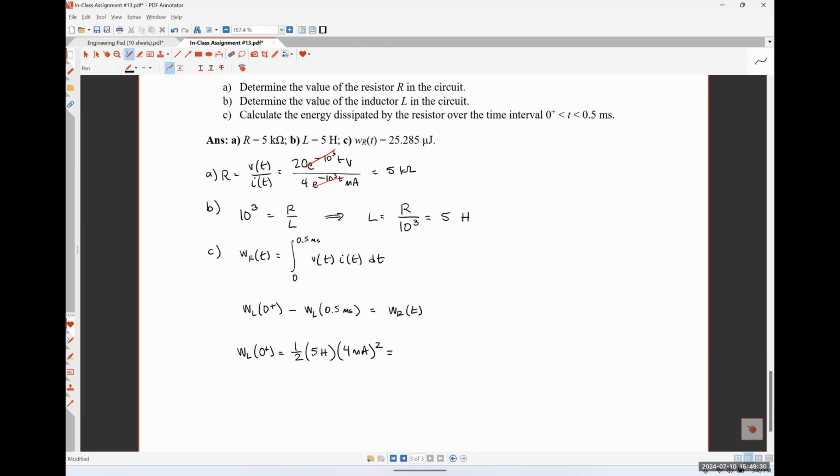Let's see, 0.5 times 5 times (4 times 10 to the minus 3) squared comes out to be 40 microjoules.